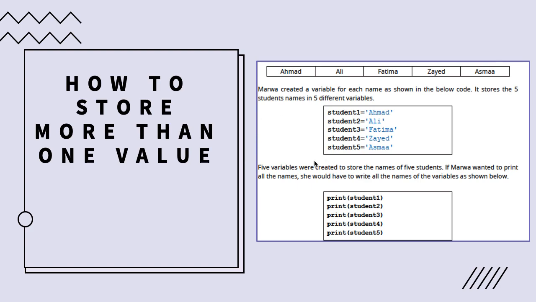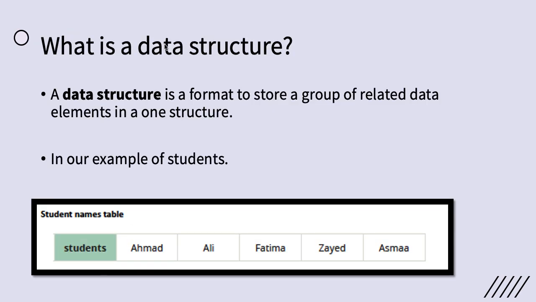So let's see a more efficient way of storing the information in Python, and this way is called the data structure. Data structure is the format to group selected values in one type of structure. For example, if I want to store all the students of class grade 10, I have an option to create a data structure with the name students and put all the values of the students in one data structure.